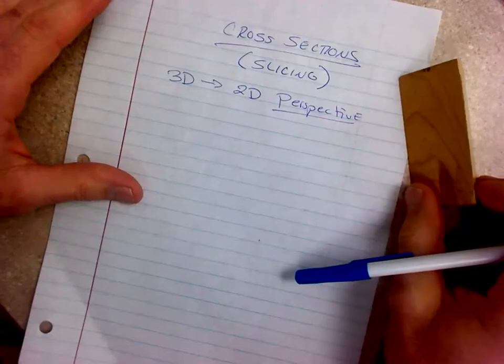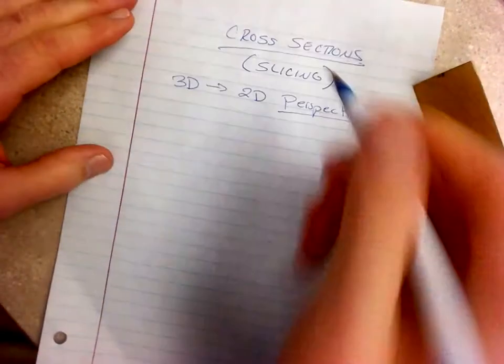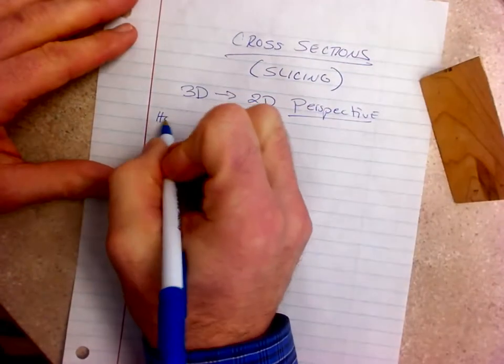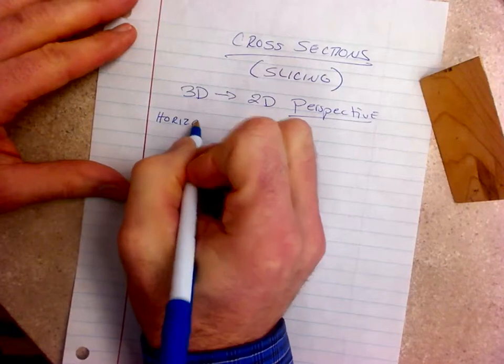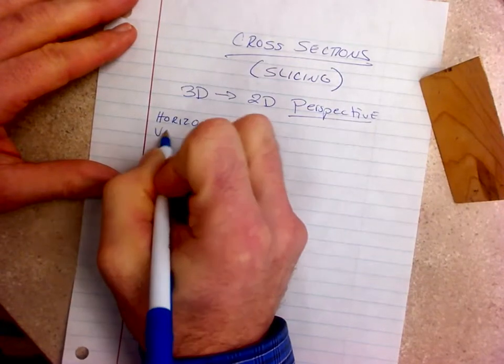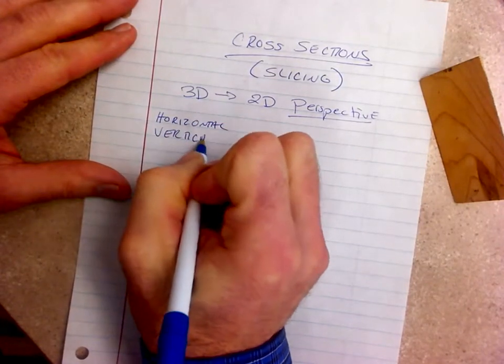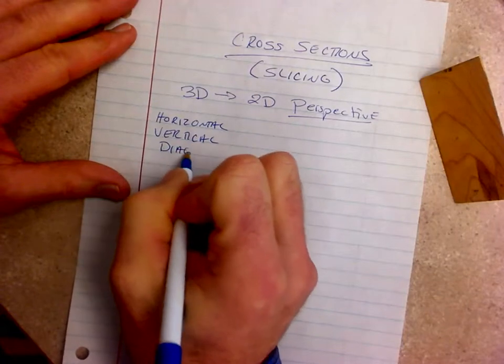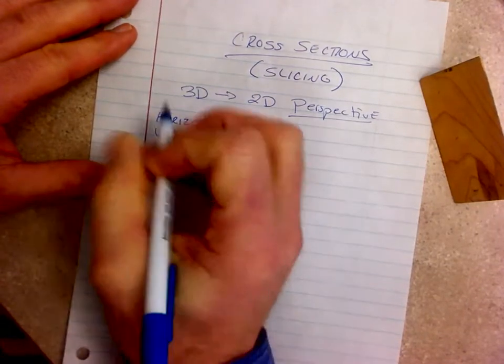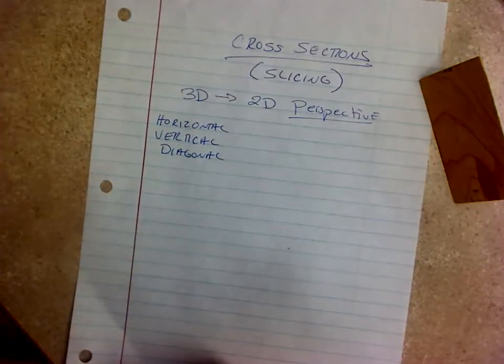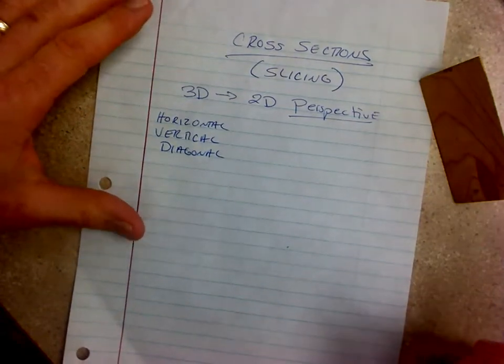And again, when we do our slicing, we can slice horizontal, we can slice vertical, and we can slice diagonal. Those are the three slices we're going to make.